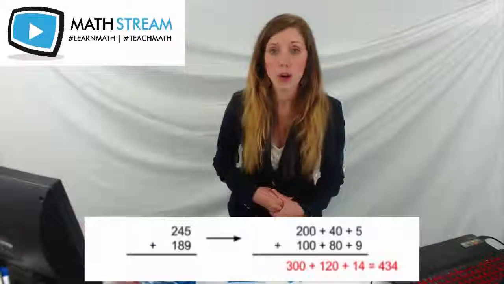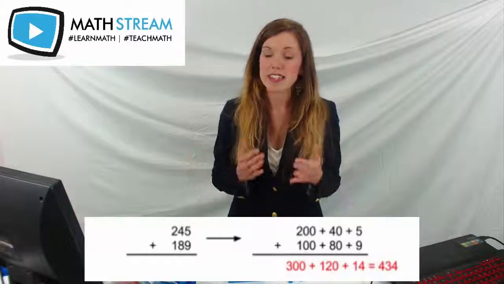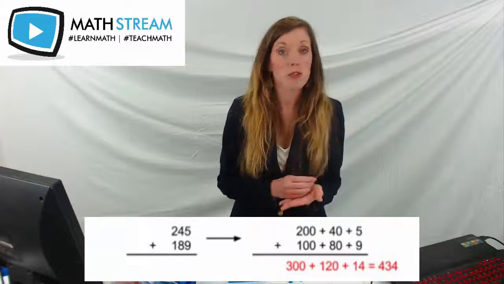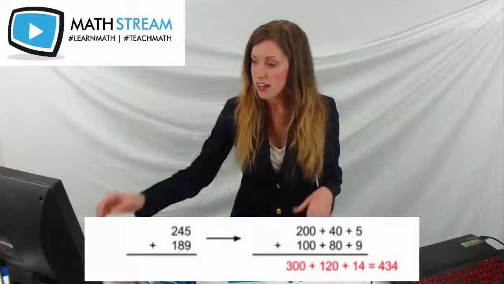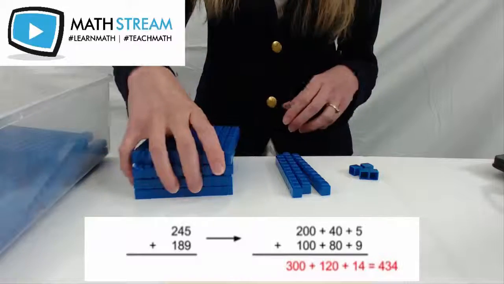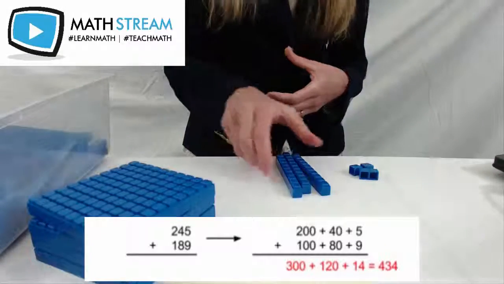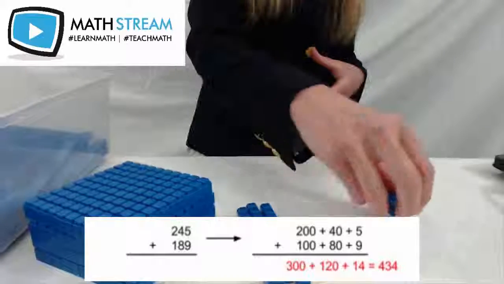It's something called partial sums. In a sense, it's exactly what we just did with the blocks, except written out in numbers. So check that out and compare it to this picture here, where we ended up with the quantity 434.